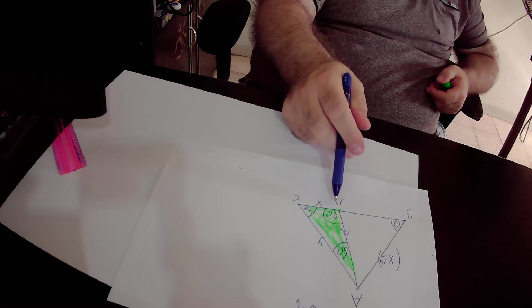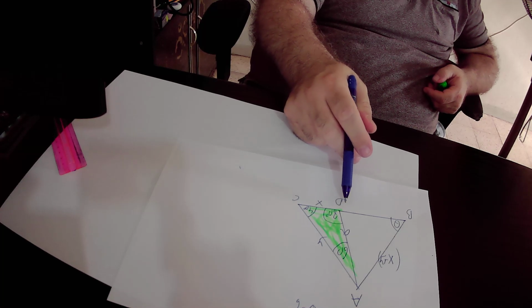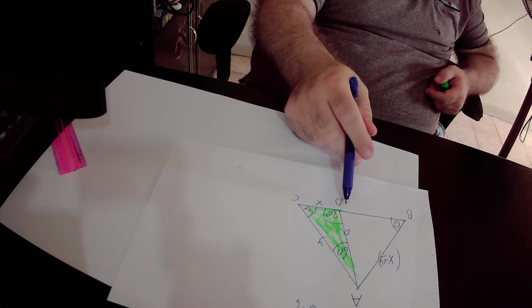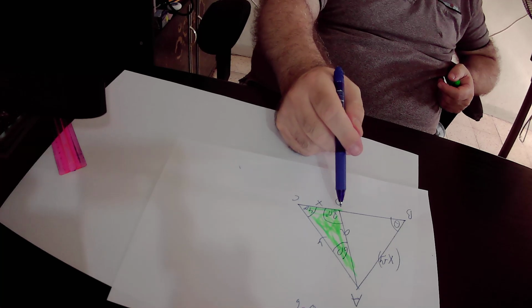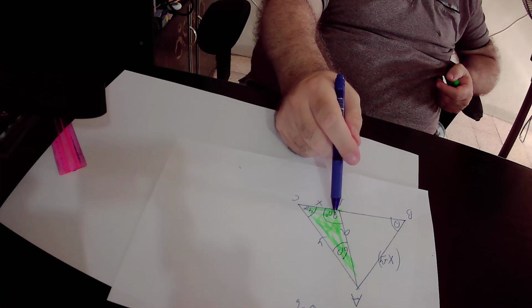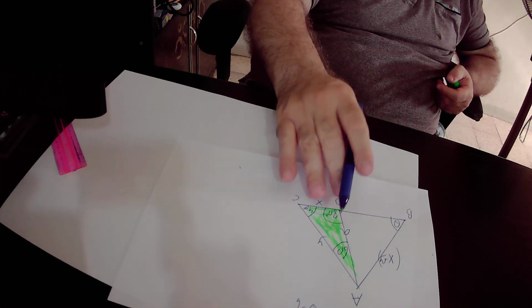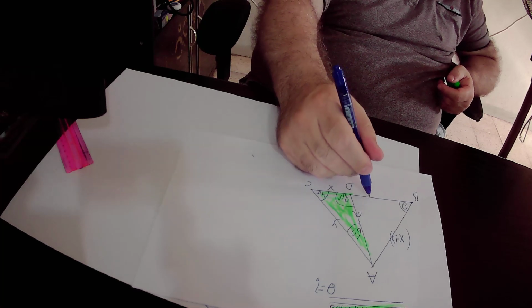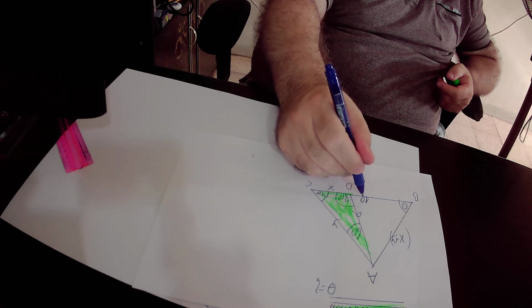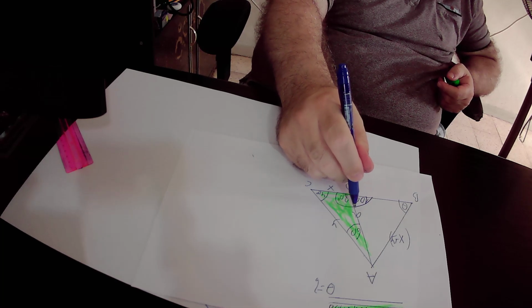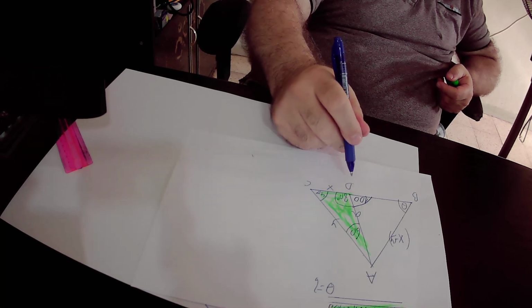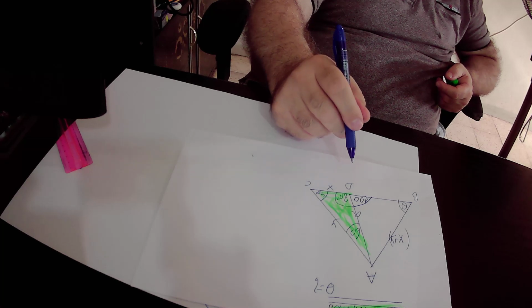Here this angle equals 80 degrees plus this angle ADB. In total, the sum of those two angles must be equal to 180 degrees according to rule number 3. So because this angle equals 80 degrees, this angle must be equal to 100 degrees, because 100 degrees plus 80 degrees equals 180 degrees. That is the sum of the angles on the upper side of line BC according to rule number 3.